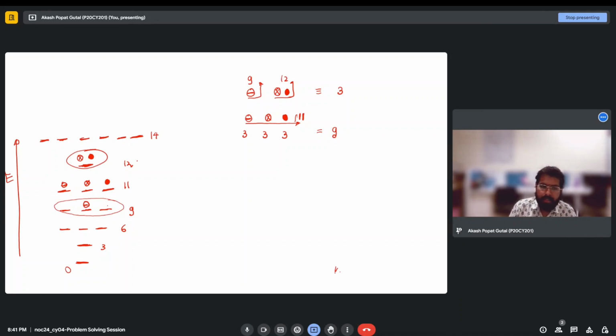Okay, and whatever the total number of combinations will be, multiplication.